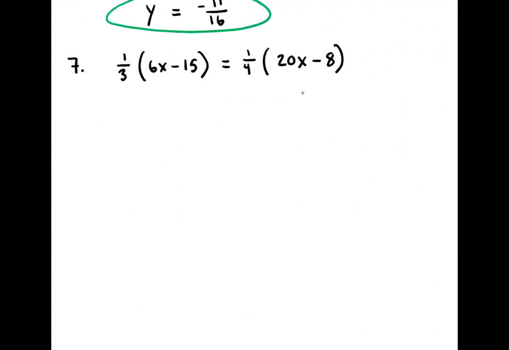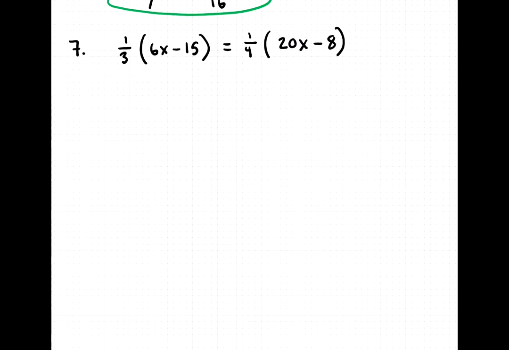We have options here. We can multiply through these fractions if we want, or we can eliminate those fractions, which is what I'm going to do.